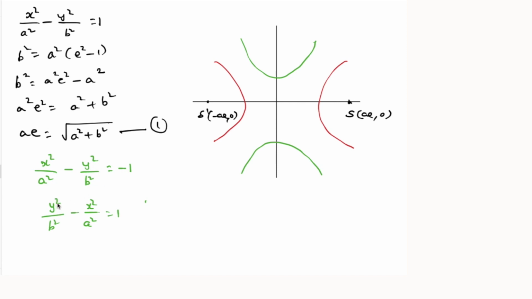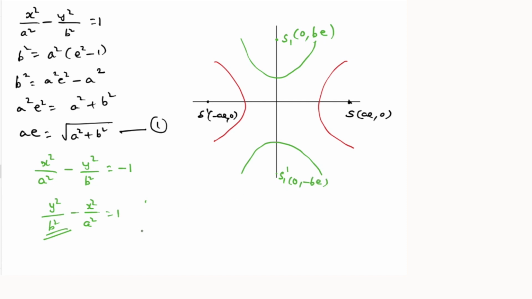But normally we take the y square denominator as a square. First one denominator a square, but here they have given b square. So in the formula you change. So its foci, I'm taking them as S dash and S1 and S1 dash. Normally we write 0 comma AE, but here since they have given b, it is 0 comma BE and 0 comma minus BE.